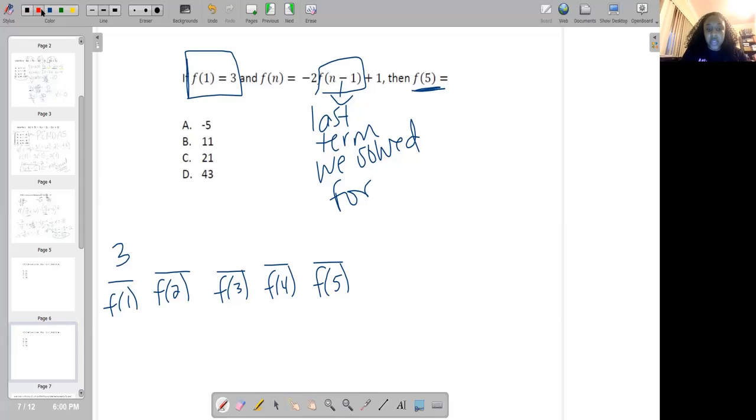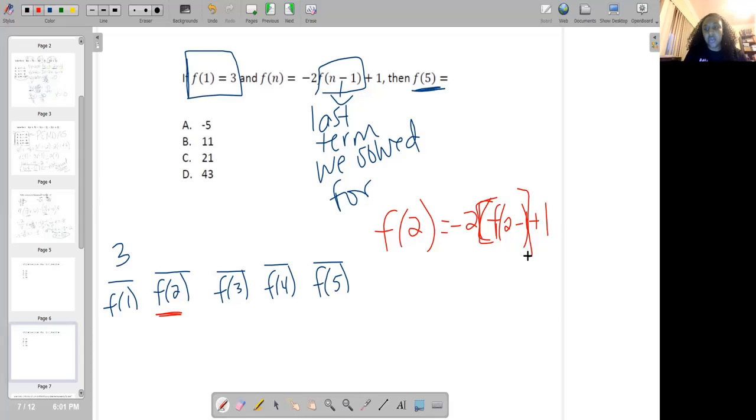So let's say we're trying to find our second term. I'm going to take f of 2, because that's what we're trying to find, equals negative 2 times f of 2 minus 1, plus 1.